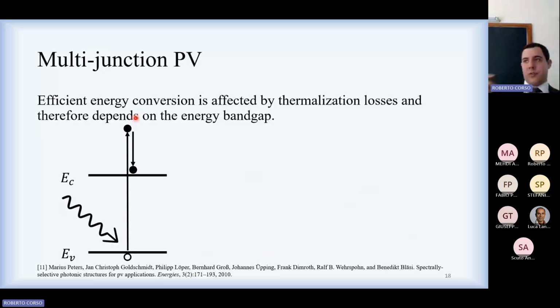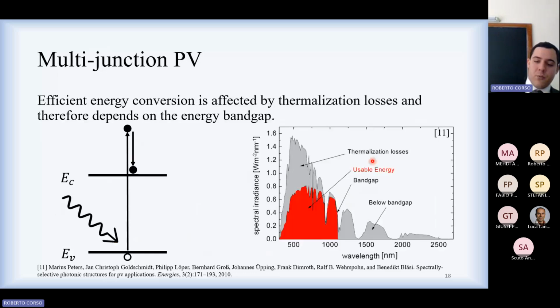So as it moves towards the metal contacts of the system, all this excess energy will be lost through thermalization, that is, through interaction with the phonons of the semiconductor lattice. So if we consider the totality of the solar spectrum, we'll have a portion that has photons below the band gaps that are, of course, not absorbed by the system.